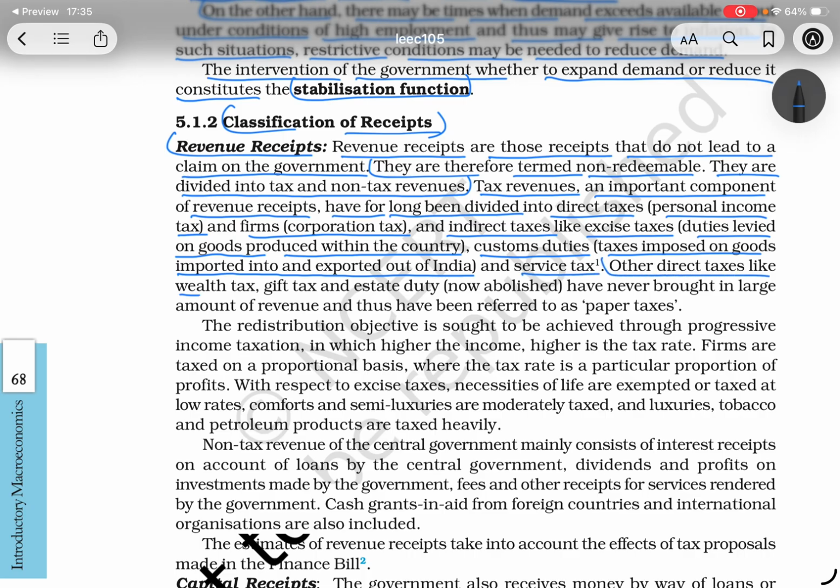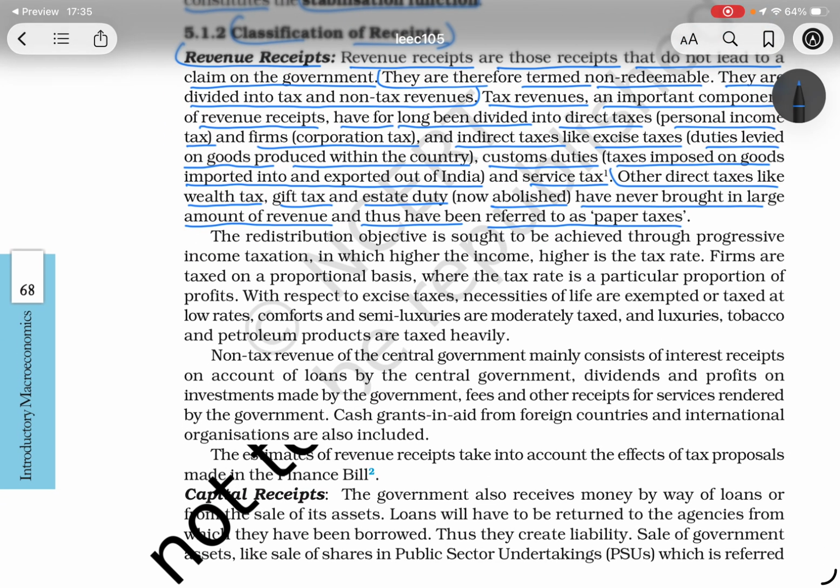Other direct taxes like wealth tax, gift tax, and estate duty, now abolished, have never brought in large amounts of revenue and thus have been referred to as paper taxes. The redistribution objective is sought to be achieved through progressive income taxation, in which the higher the income, the higher is the tax rate.